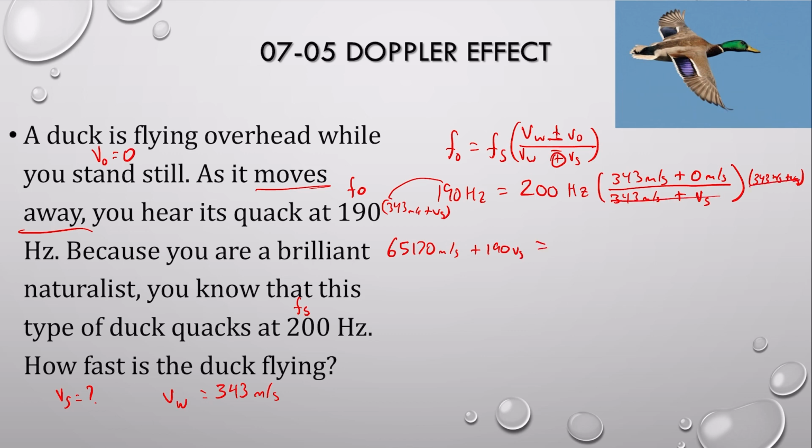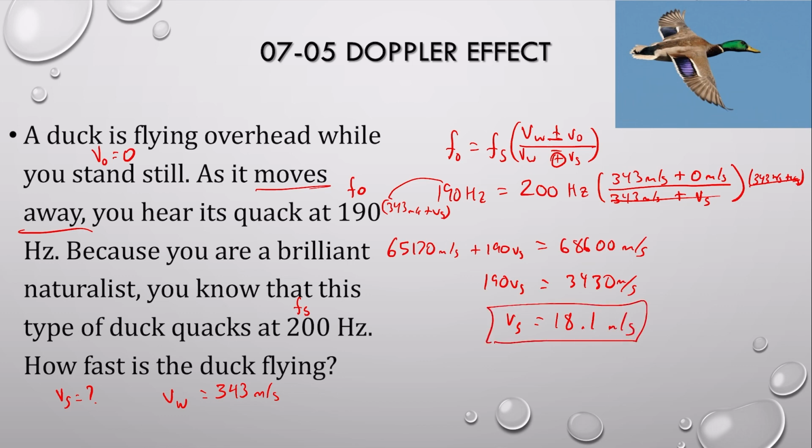And the 200 times the 343. Subtract, and divide. So this duck is flying 18.1 meters per second.